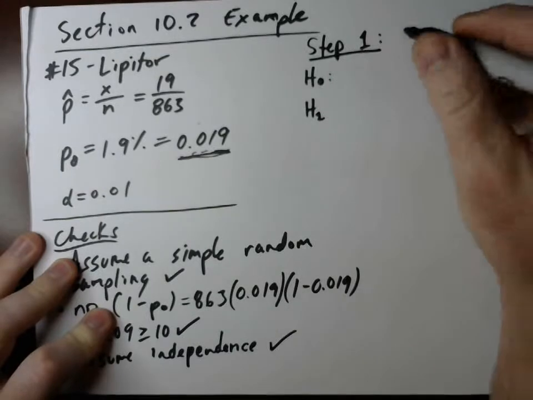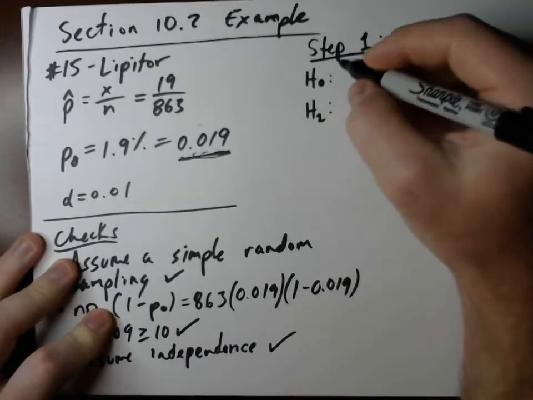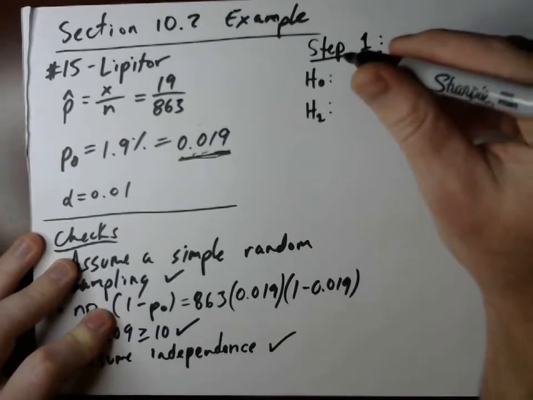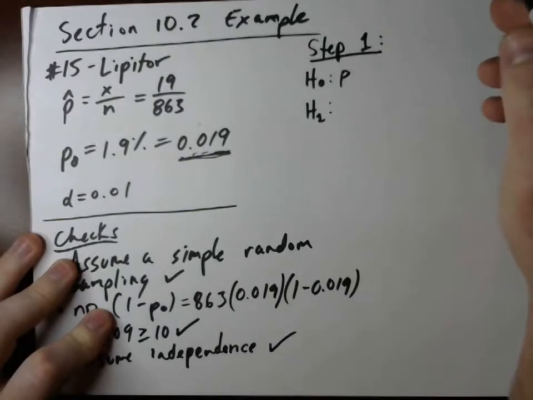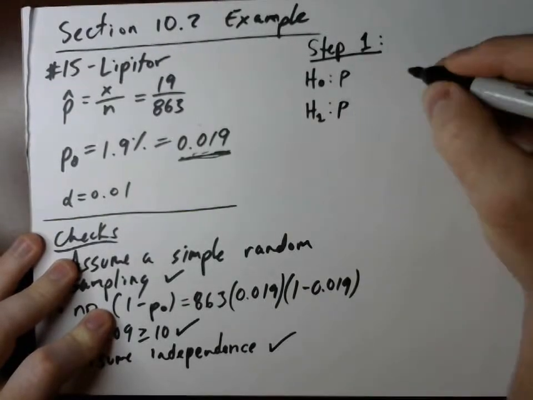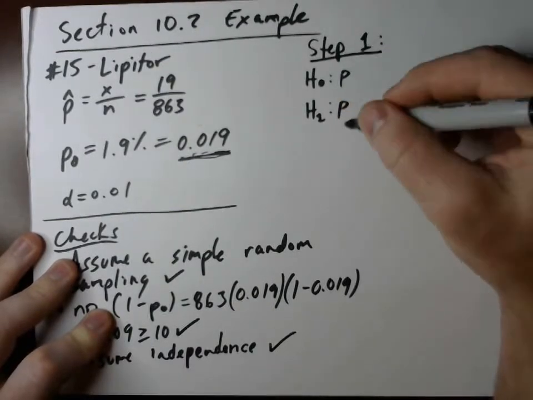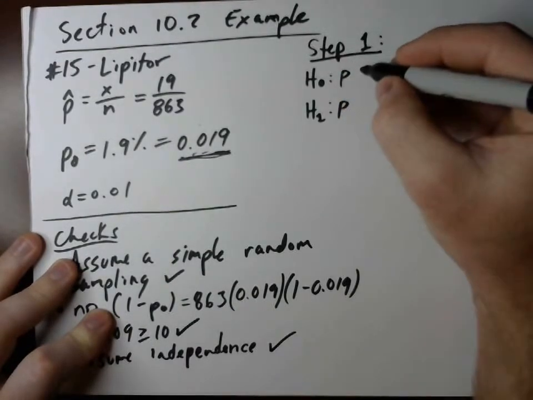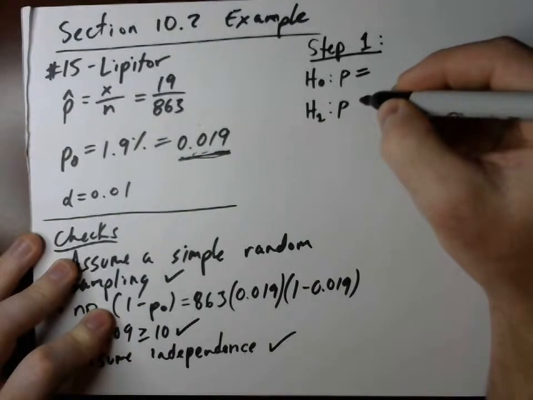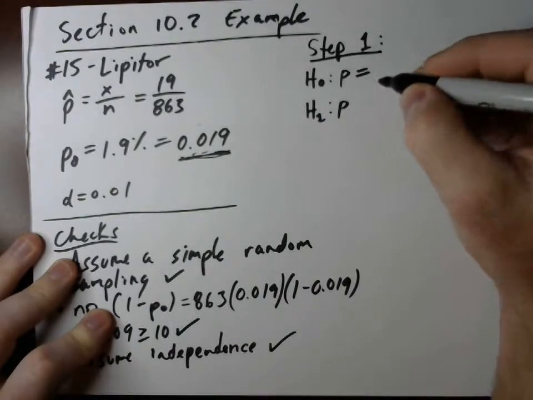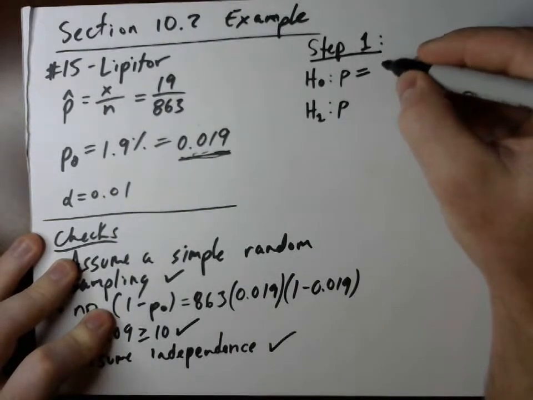So first H0 colon, H1 colon, and then since we're dealing with the population proportion, we're trying to estimate what p is, so we always deal with the population parameter here. Like in section 10.3, we'll be dealing with mu here. Mu would go here, that's our population parameter. We always have equality here, and then we have some sort of inequality. We'll figure out what that is. And then p naught always goes here. It's the claimed value.